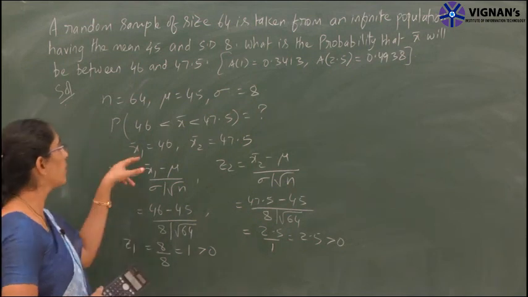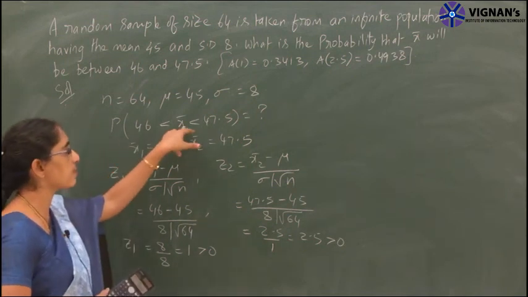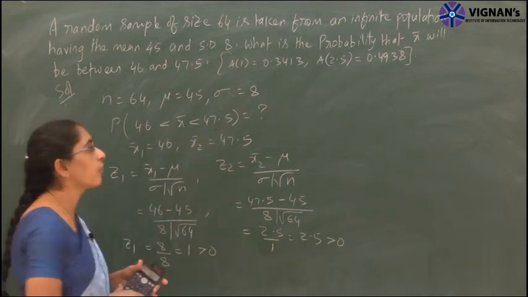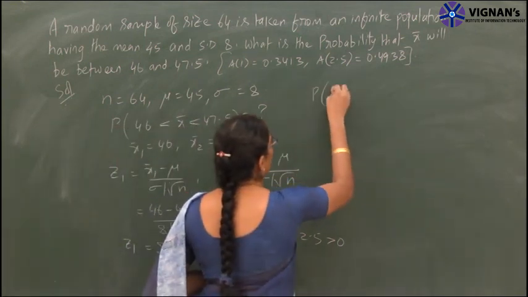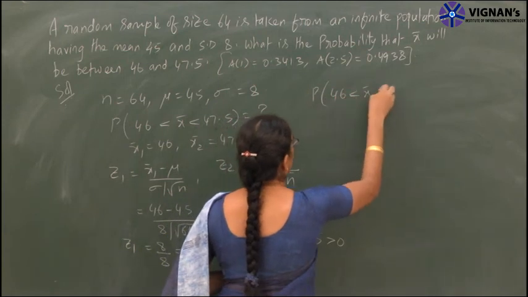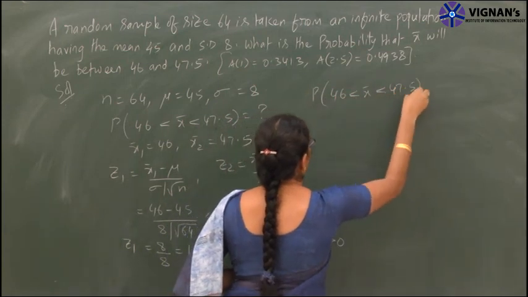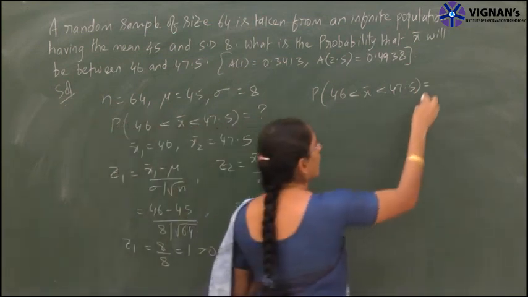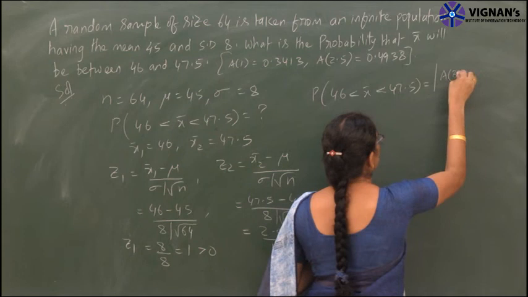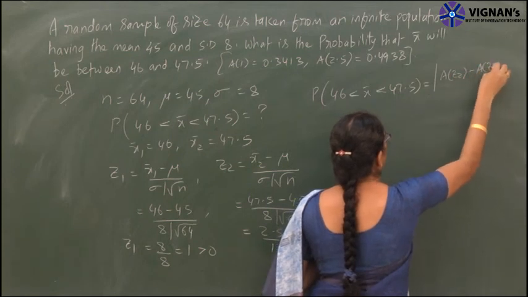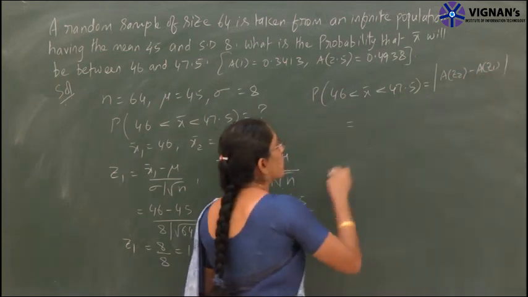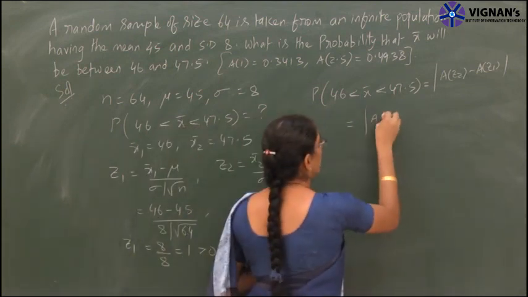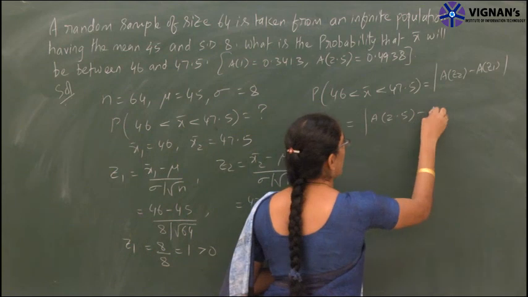And we are finding probability of 46 less than x bar less than 47.5. When this is the case, we have a formula that probability of 46 less than x bar less than 47.5 is equal to, when both are of same sign, we have the formula modulus of A of Z2 minus A of Z1. So modulus of A of Z2 means area value of 2.5 minus area value of 1.